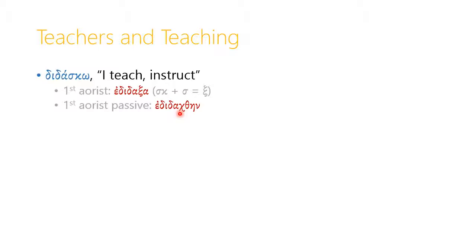Now again, the sigma before that kappa also drops off. So it's not edidaskthane, because that's extremely hard to pronounce, the combination of a sigma and a khi. So it's just edidachthane. And you can really see, by the way, how much these changes in consonants and things, the ones that are predictable and minor, how much these are governed by just people's ease of pronunciation.